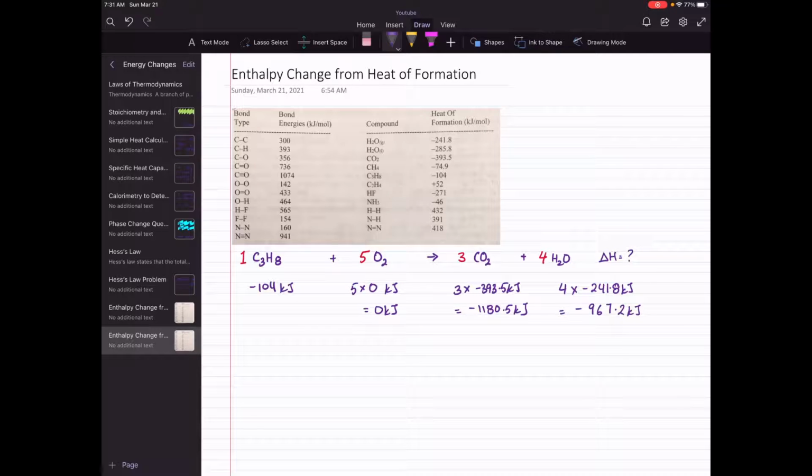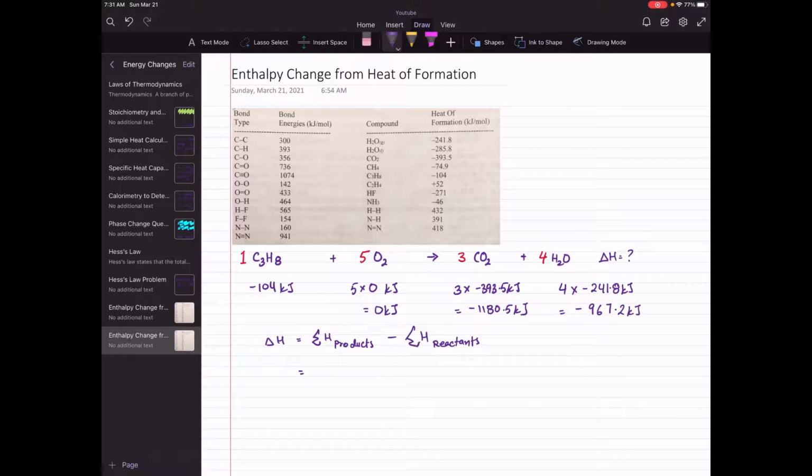Now, once we have the heats of formation for all of our substances in our balanced chemical equation, we can find delta H by taking the sum of all the energies of the products, H of the products, minus the sum of the H's of the reactants.